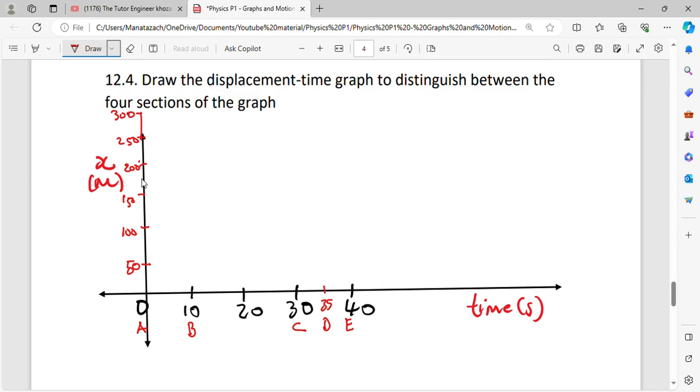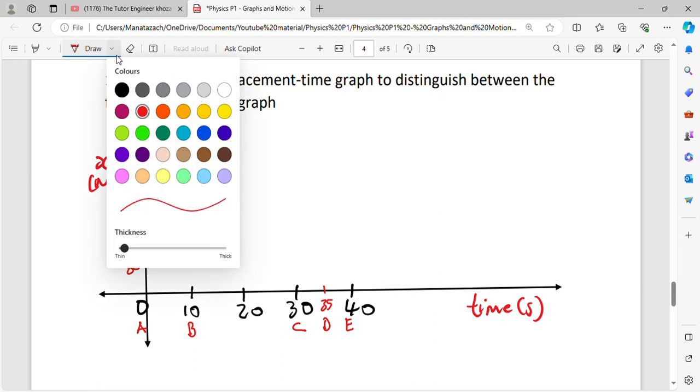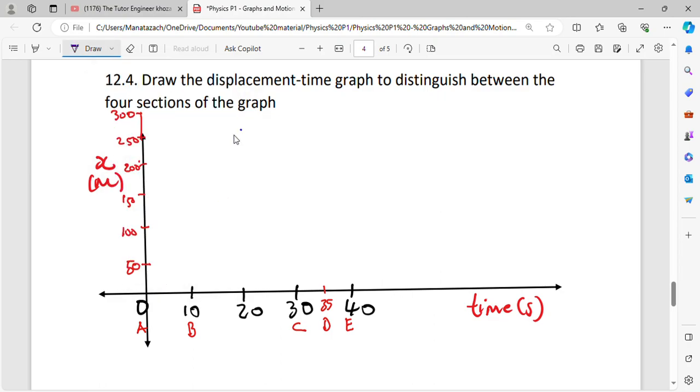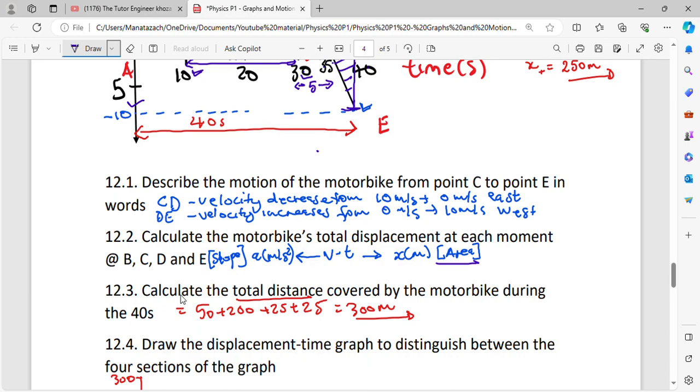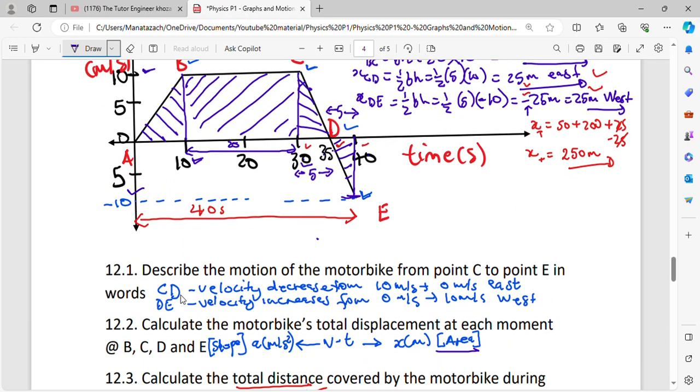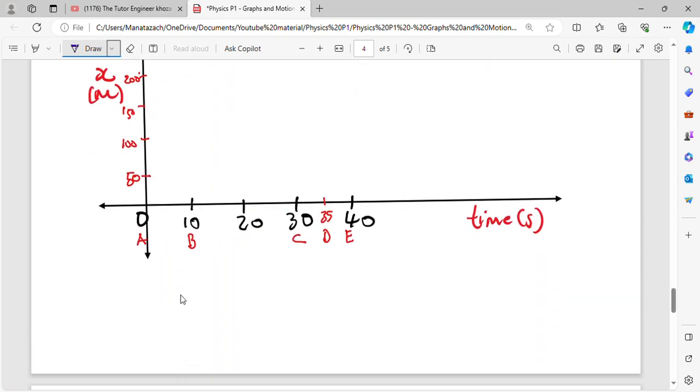Okay, so let's choose a different color for the graph. At point B, our displacement was 50, right? 50 east, right? So we're going to write here between 10 and 50 when I make a point here.